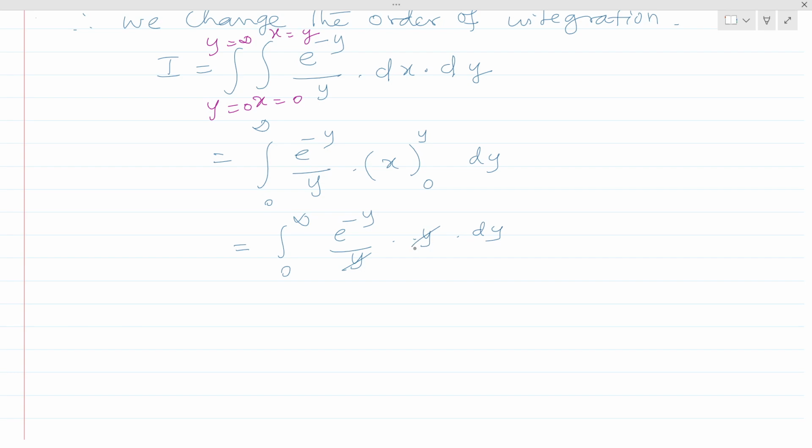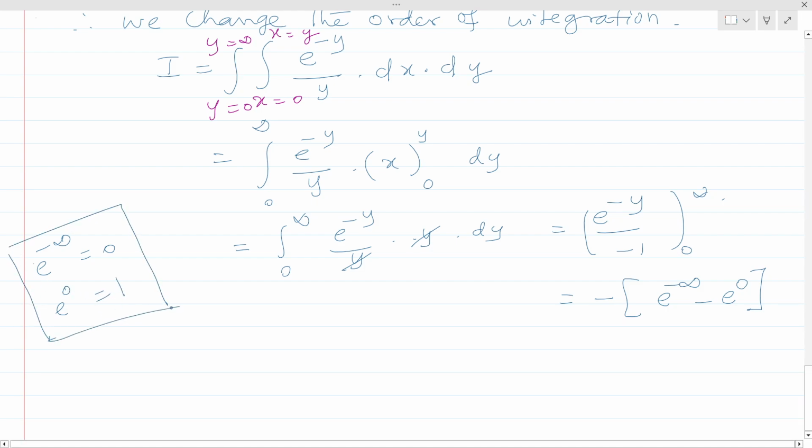That y gets cancelled. Now it is very easy to integrate. That means e power minus y by minus 1 from 0 to infinity. Therefore take the minus outside, e power minus infinity minus e power 0. E power minus infinity is 0, e power 0 is 1. This is a very important point. So therefore minus of 0 minus 1, that means the value is 1.